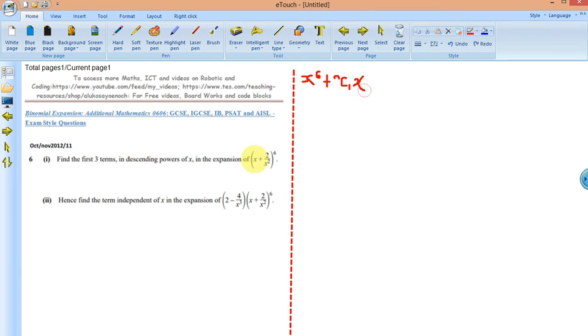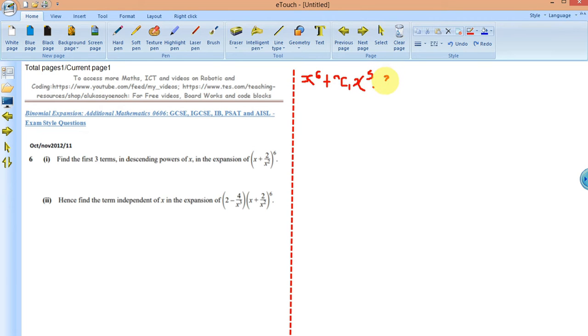And the next term goes to 1, because this one here is power 0, so (2/x²) to the power 0 is 1, the multiplicative identity. That's why I ignored it.